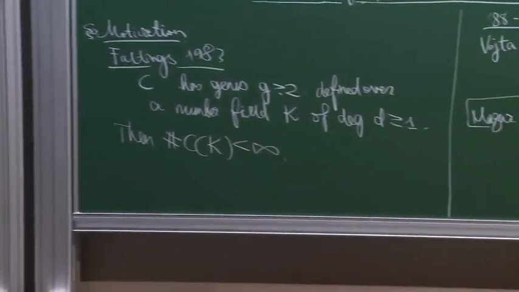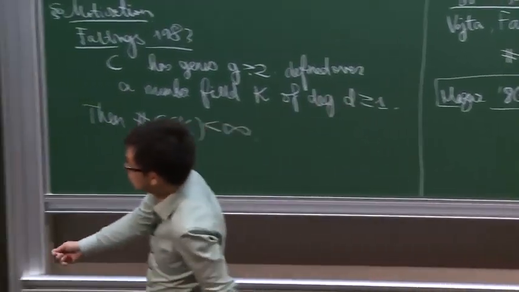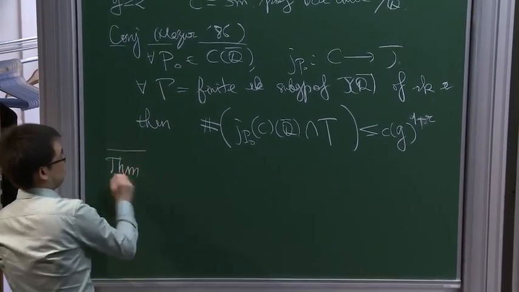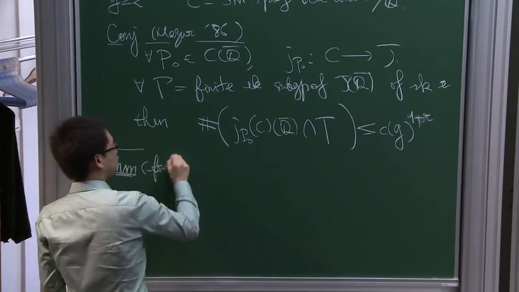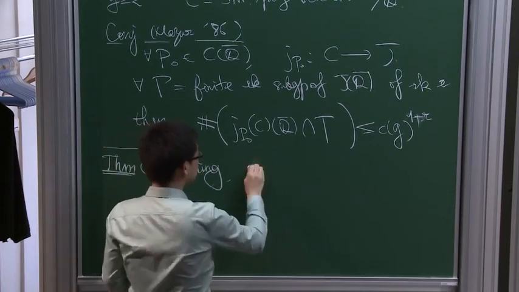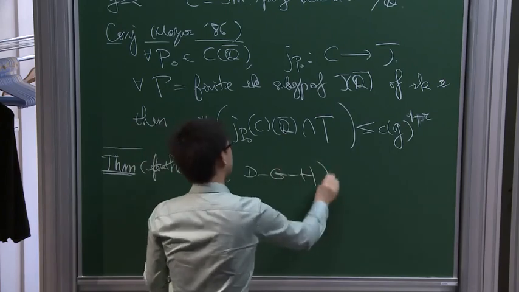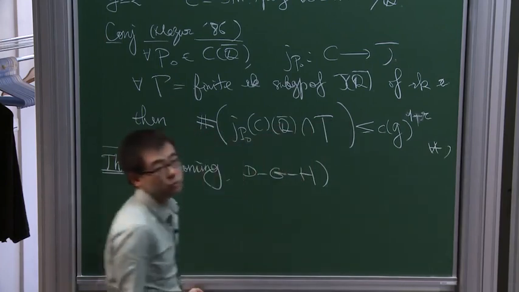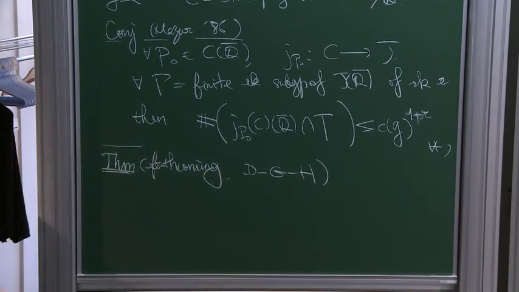I'll talk about some. And my main result today, this is a forthcoming paper with Vesselin Dimitrov and Philipp Habegger, is that we can prove this inequality for large curves.